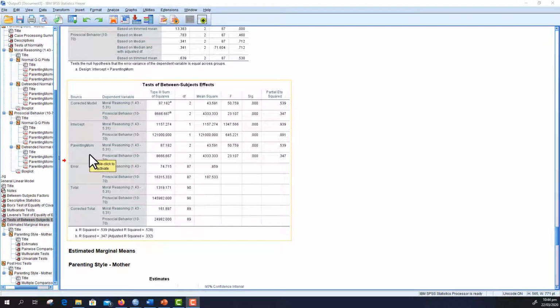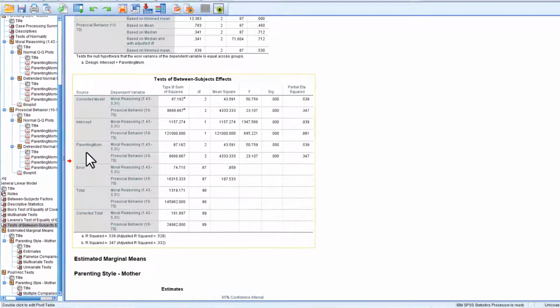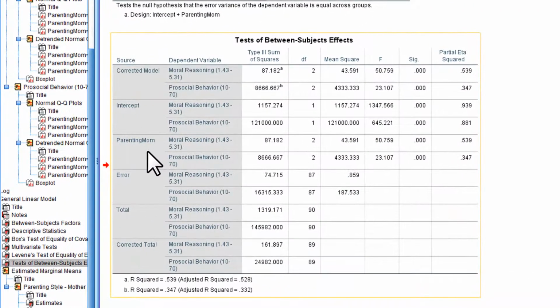Let's see what the results tell us. Maternal parenting style seems to have a significant univariate effect on moral reasoning as well as on prosocial behavior.